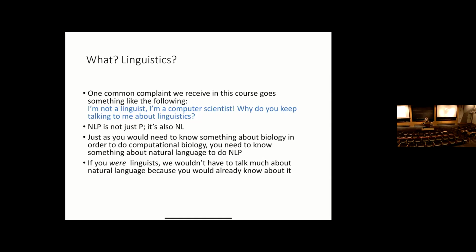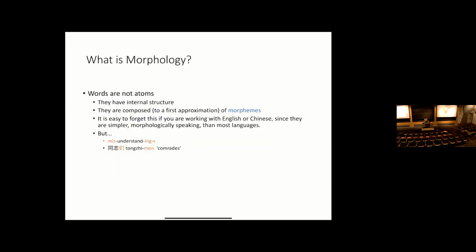And just as you would need to know something about biology in order to do computational biology, you need to know something about natural language in order to be really good at NLP. If you were linguists already, we wouldn't have to talk to you about these things because you would already know them. We're just trying to give you enough background that you can understand issues that relate to NLP and to these linguistic concepts.